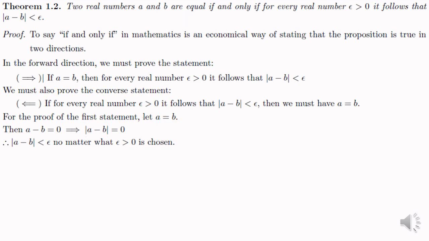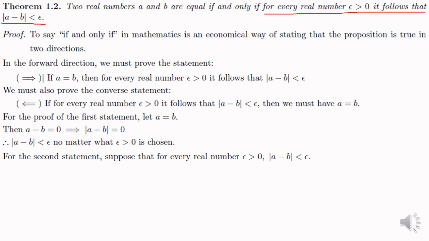Now to show the converse part, we will assume that for every real number epsilon greater than 0, it follows that modulus of A minus B is less than epsilon. Our motive is to show that A and B are equal.